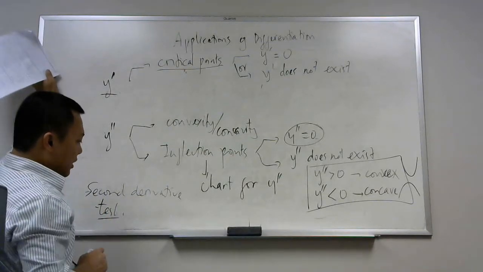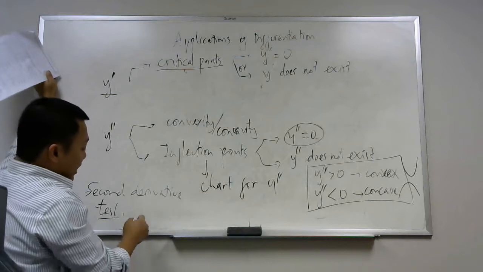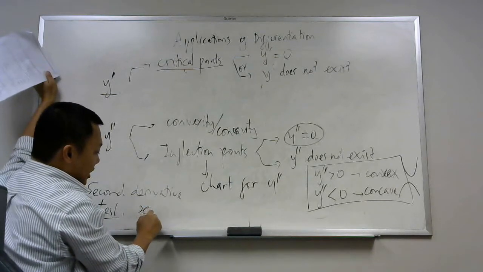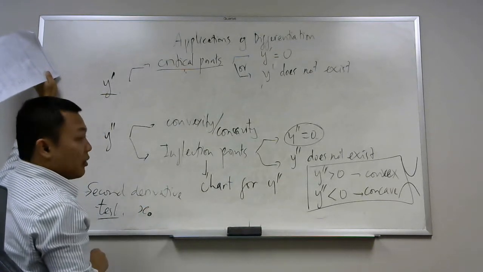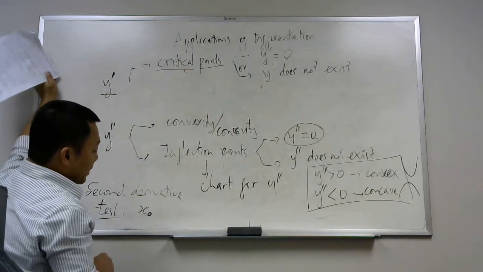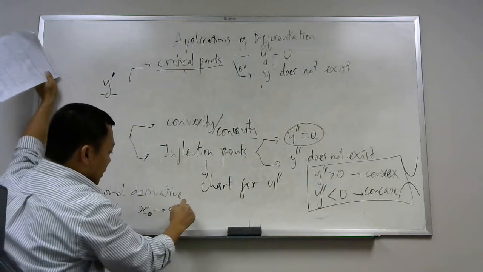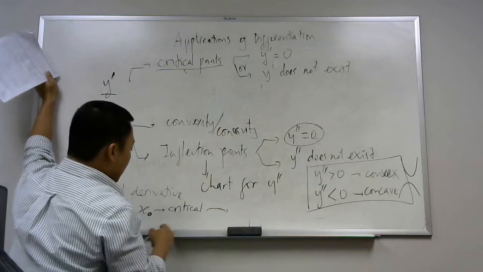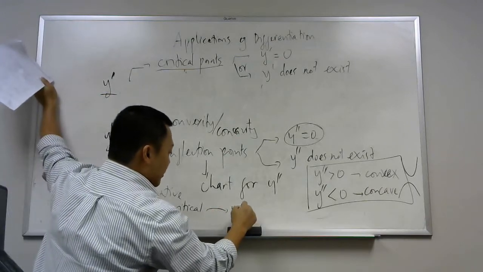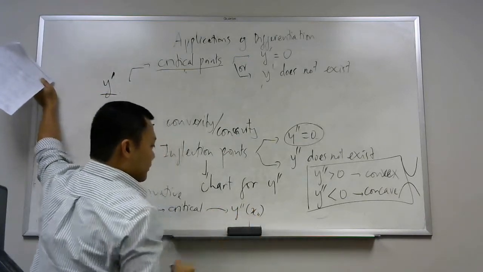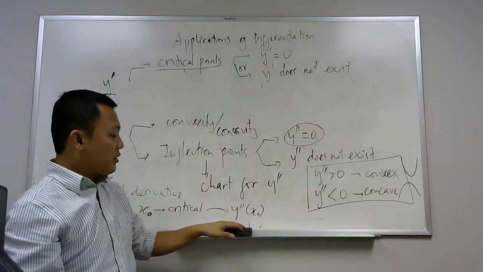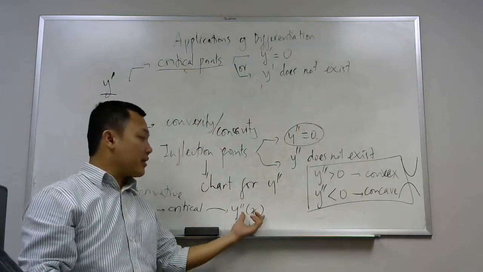How does it work? Suppose you have x0 as an extreme point, a critical point. You plug x0 into the second derivative, just to find the value of the second derivative at x0.